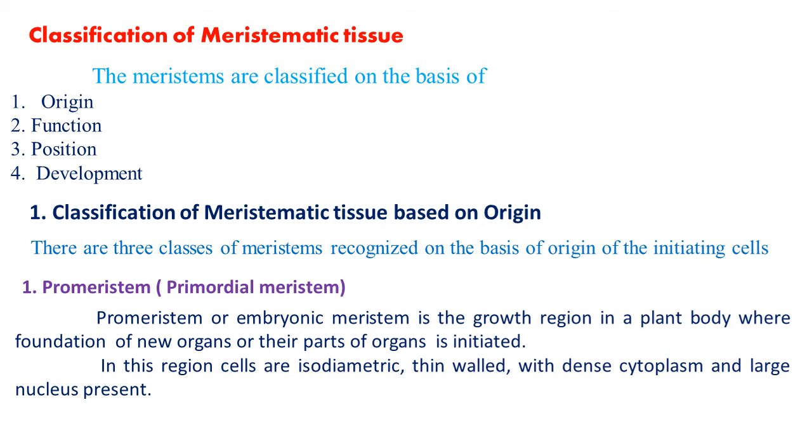There are 3 classes of meristem recognized on the basis of origin of the initiating cells.